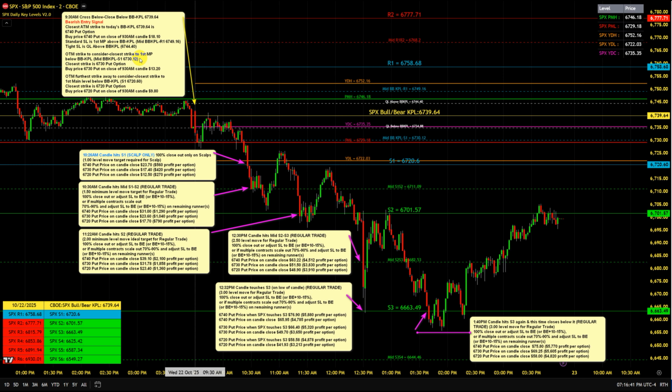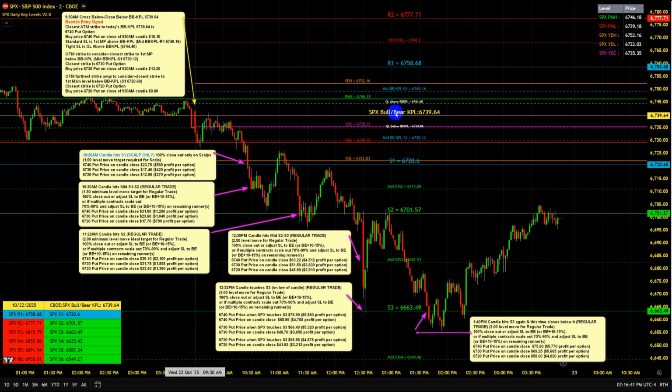Okay, so now that we've done that, and before we get into the out of the money ones that you can consider, we'll go over the stop losses. So we went over this earlier, but just to reiterate it now, this is a bearish play, bearish entry signal. This is the level that we're trading.